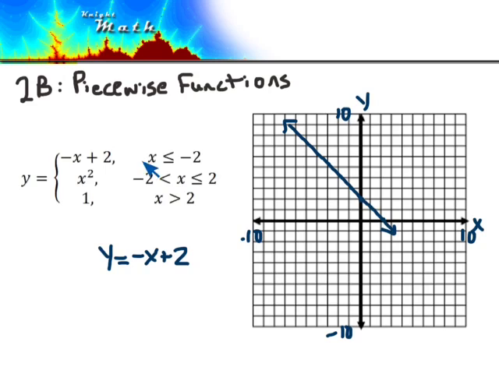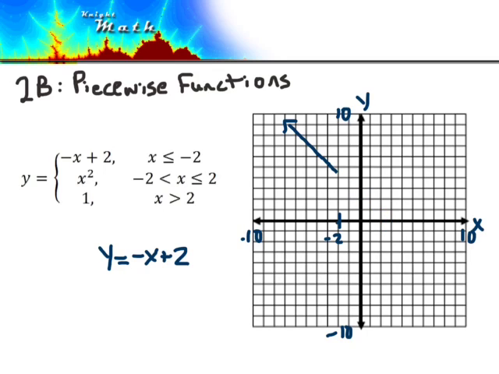However, we're going to limit the domain to all the x's that are less than or equal to negative 2. So negative 2 is right here on our axis. Okay, and so we're going to erase everything up to negative 2.